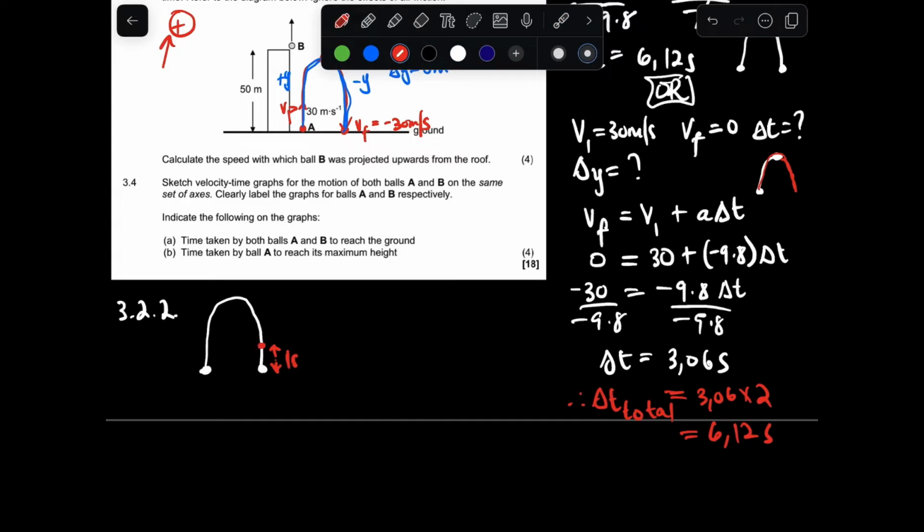So the time that it traveled is going to be 5.12 seconds, because out of that 6.12, we minus 1 second. So the time it took till the last second there, it took 5.12, right?